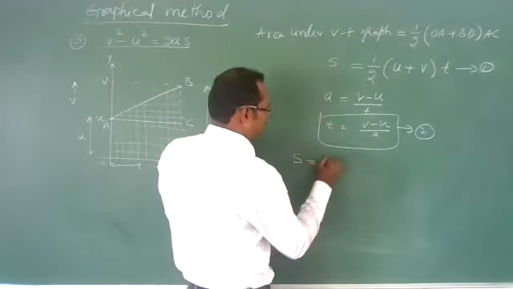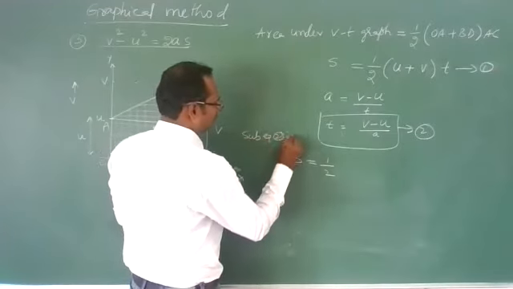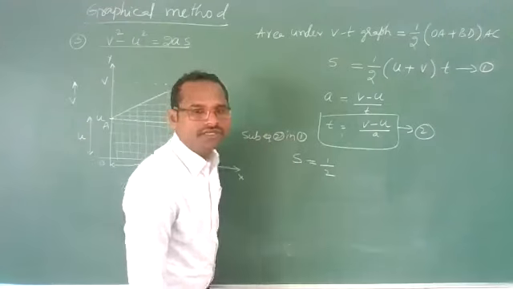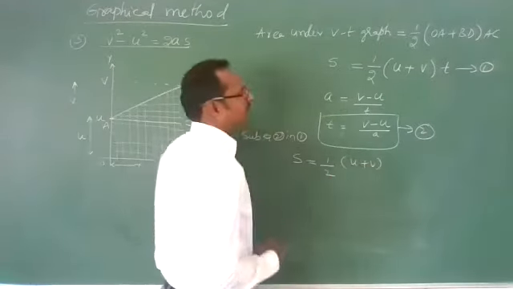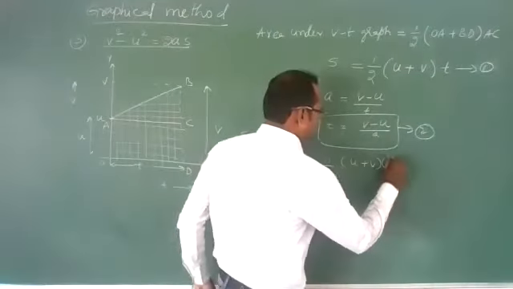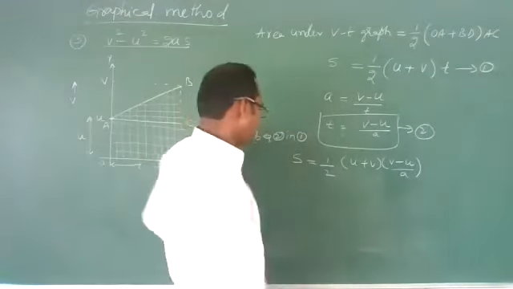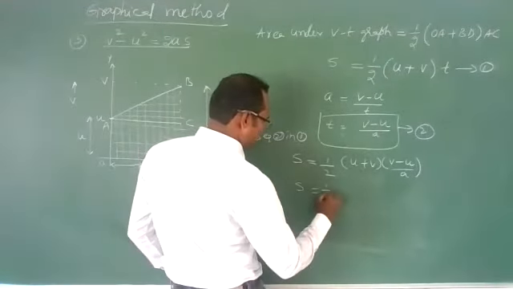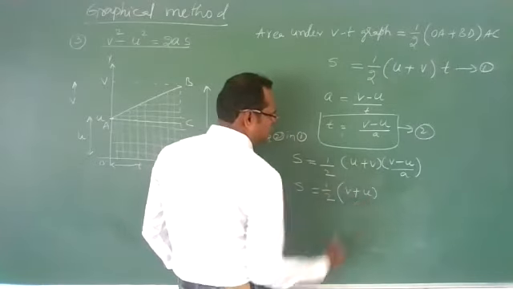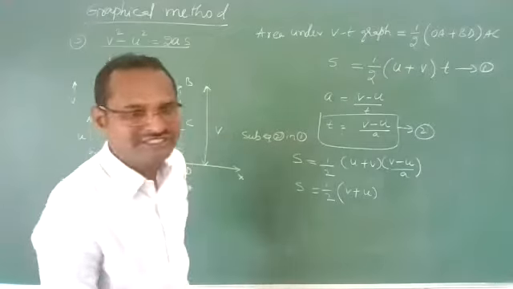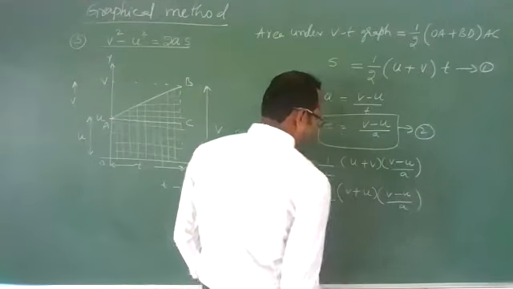S is equal to half, and substitute equation 2 in 1. Half U plus V into T. What is T? T is V minus U by A. So I write this as half V plus U, writing U plus V as V plus U, both are the same, into V minus U by A. So what will happen now?